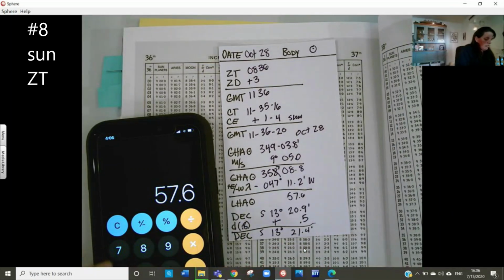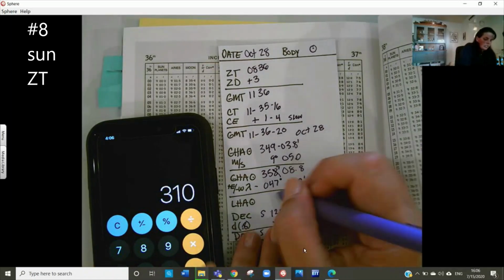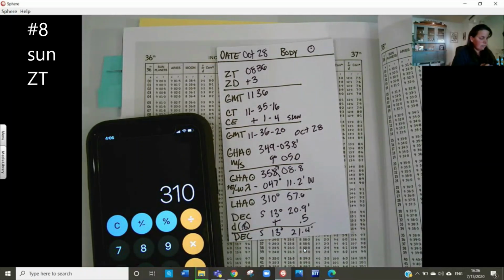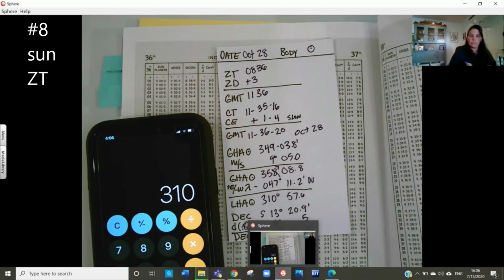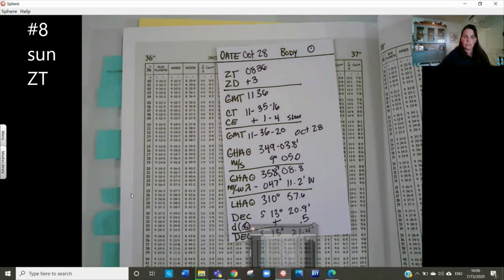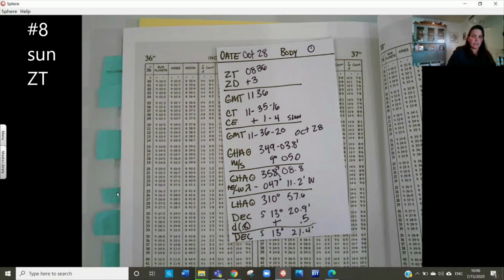So we have 357. Gives us an LHA of 310 57.6. So our LHA is 310 57.6. Okay, and that's number 8.